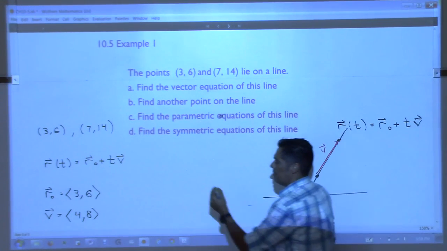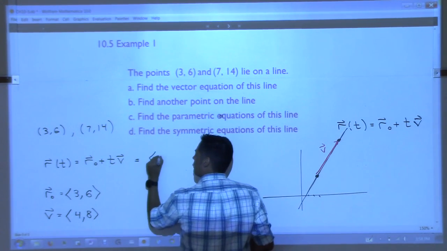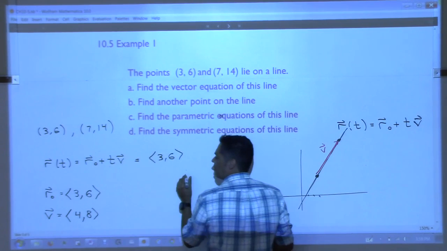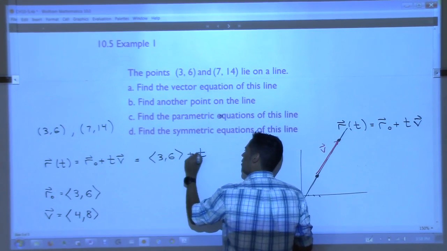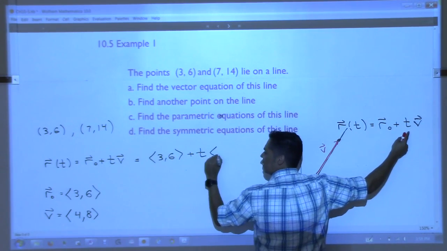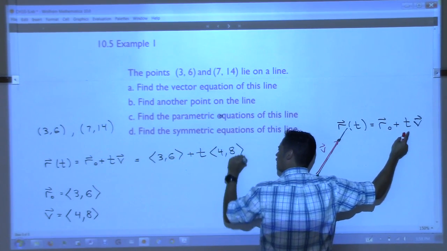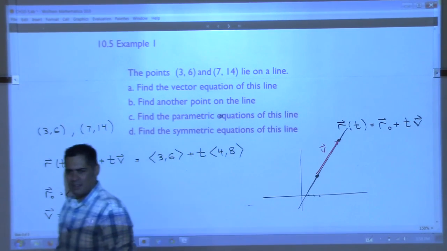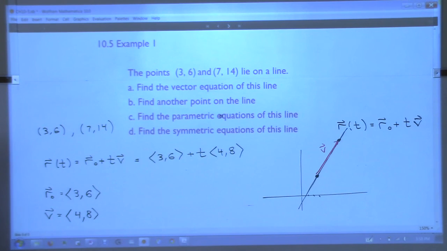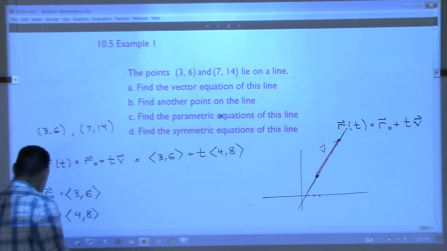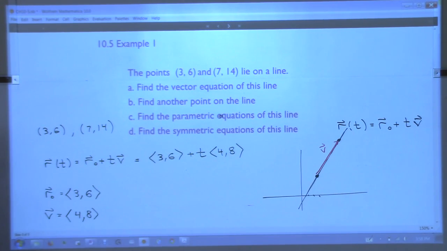So the vector equation should be (3, 6) plus t times V, and V is (4, 8). Does that make sense? So this right here is the vector equation of that line that connects those 2 points. This is it right here.